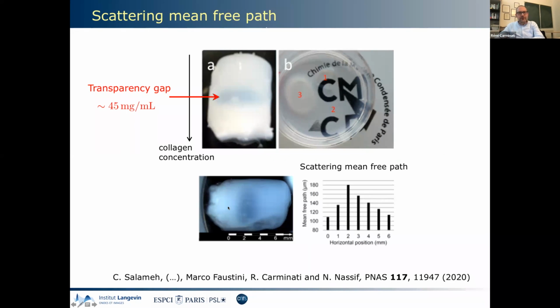So you have a region of interest that is the field of view of your microscope. And if you look at the left part, we have defined 7 positions across this medium where we did the measurement. So we measured the mean free path at 7 locations going through the transparency region.